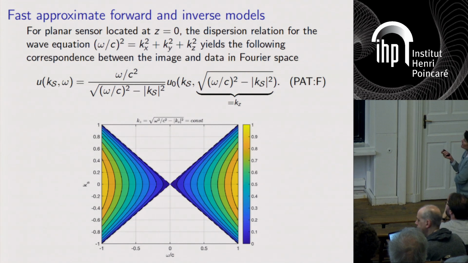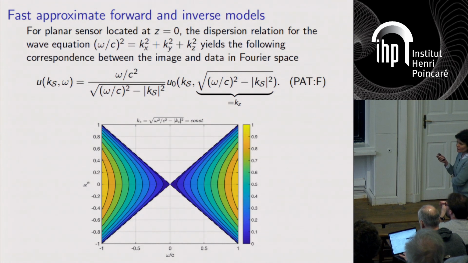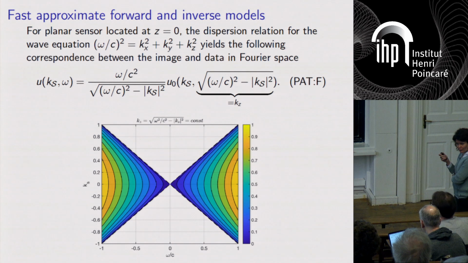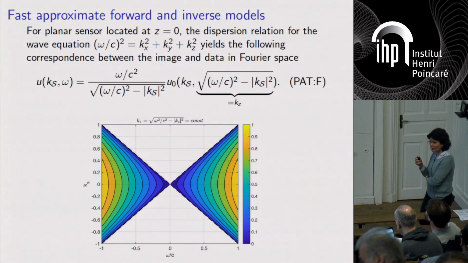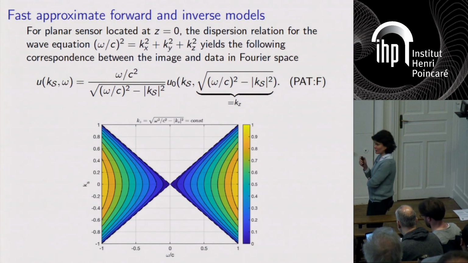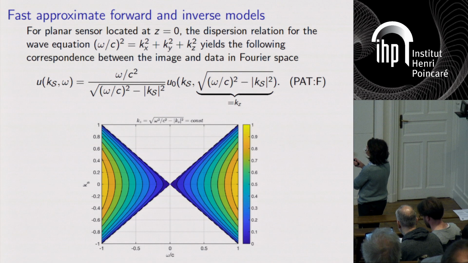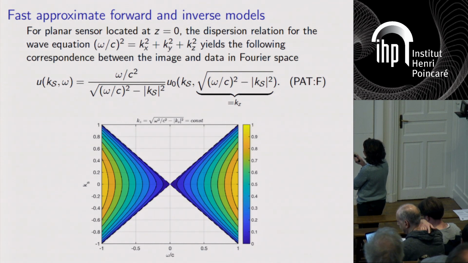The other thing about the Fourier inversion is that, as you will see in a moment, the inversion procedure is fine, but you need a forward model for the iterative scheme, and this is an issue. Why is it an issue?